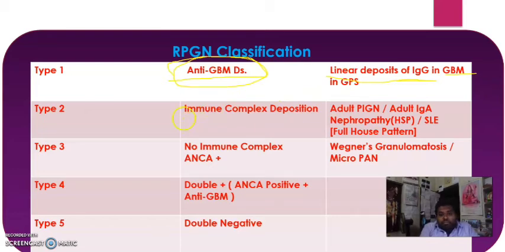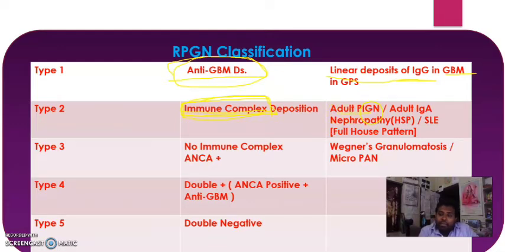Type 2 is different because of immune complex deposition, but these immune complexes are formed elsewhere in the body due to any bacterial antigen, etc., causing an autoimmune reaction. So those antibodies and antigens will come into the glomerulus and get deposited there.